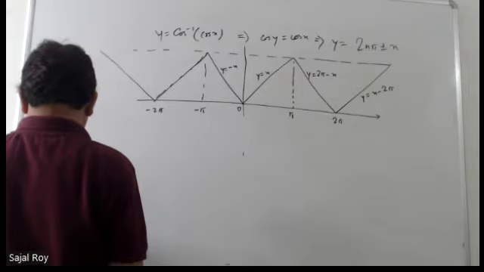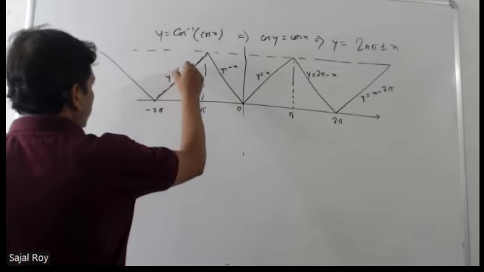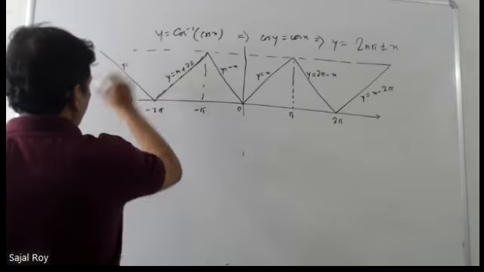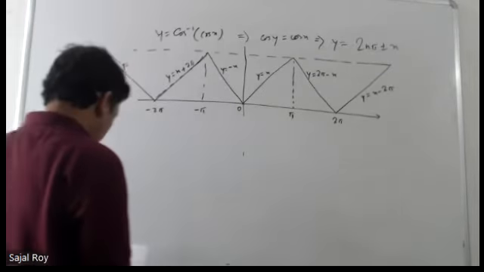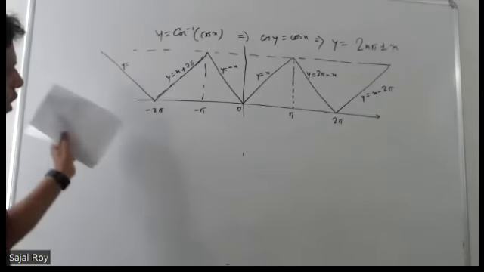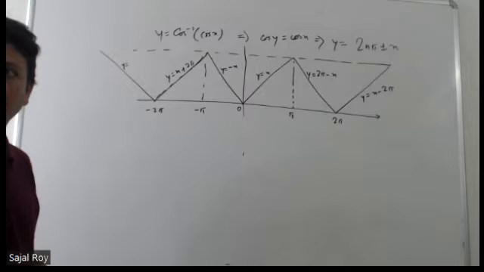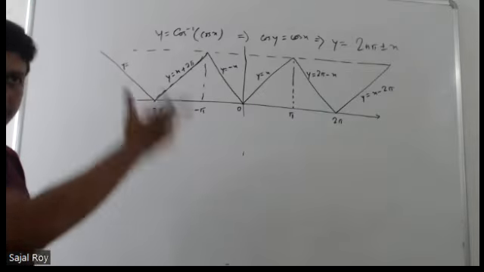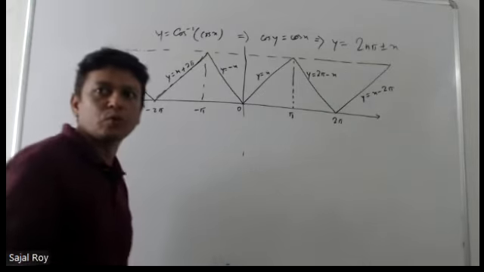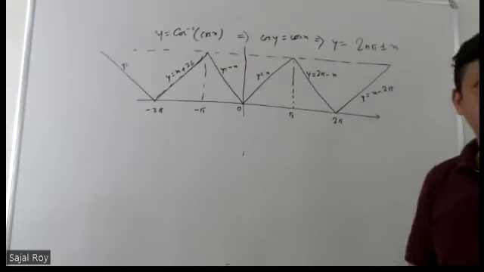This is your y equal to x plus 2 pi, and this side is your y equal to 2 pi minus x. So you have two pairs of solutions in this case. Just like for sin x, if you do the calculation for cos x, you have similar results.